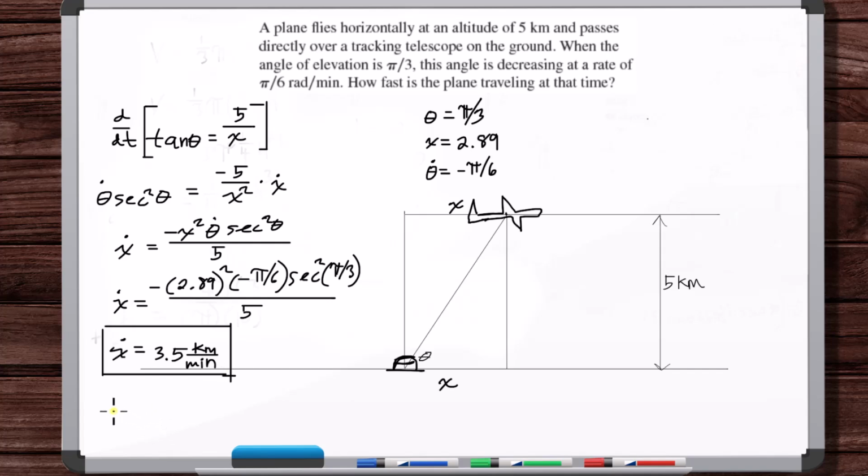If we want to convert that to miles per hour, so kilometers per minute, there's 0.621 miles in 1 kilometer.